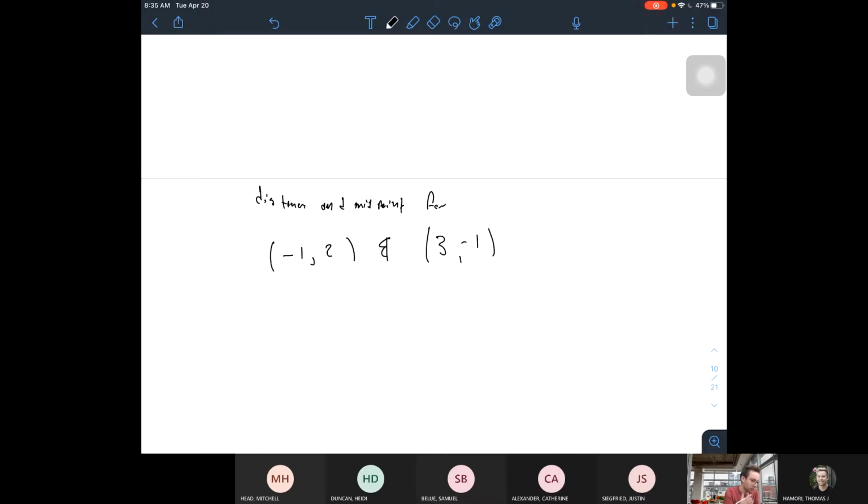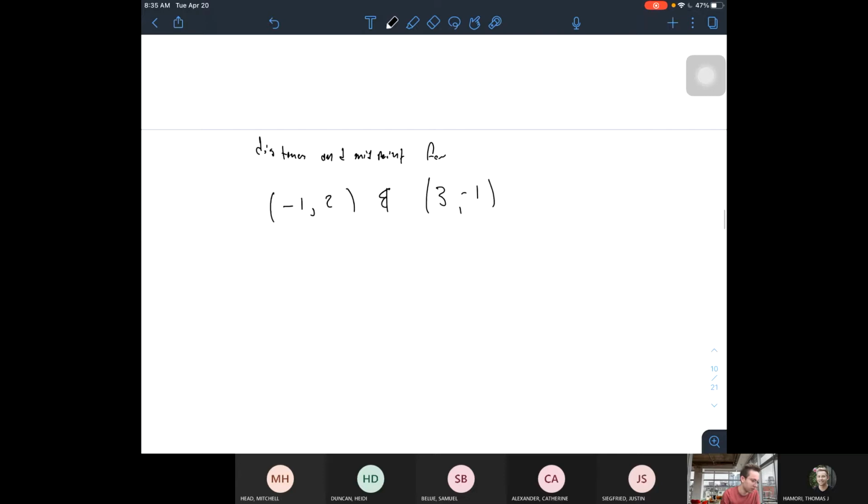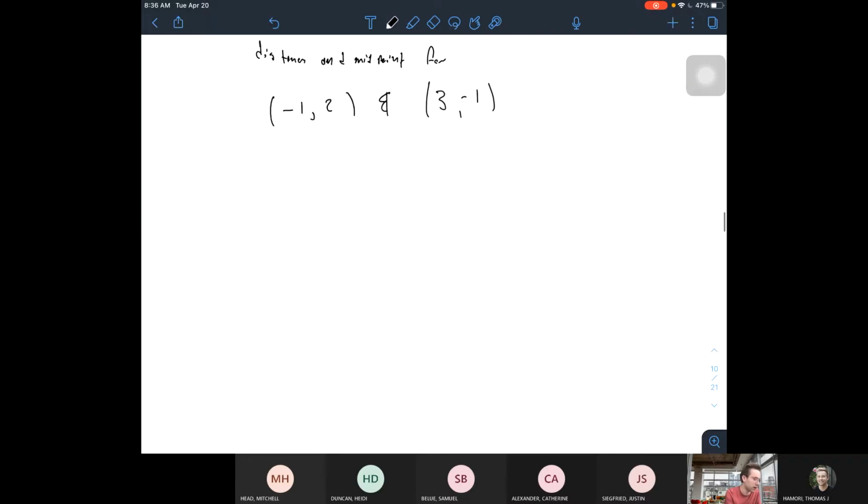Of course, if you remember the distance formula and the midpoint formula, then you can just knock this problem out really quickly. So I'll show you how to do that, and then I'll show you how to do this if you forget.